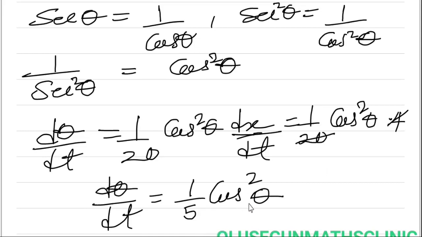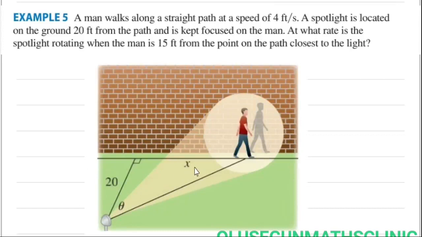So now the question is, when s is 15, let's find the length of the beam. If s is now 15 feet, meaning that this is 15, let's find it by Pythagoras.